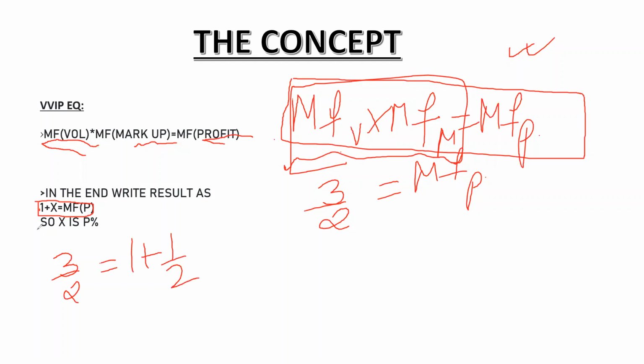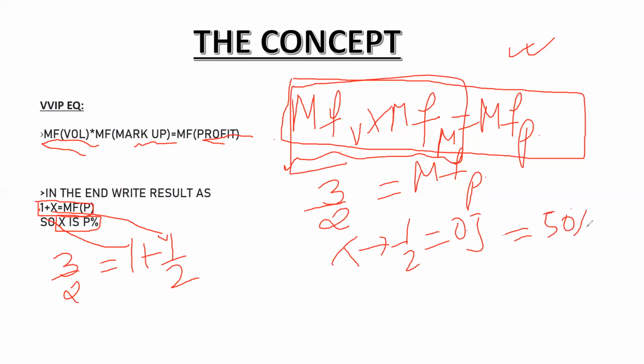So you wrote this in the form 1 plus x, and this is the x part. This x part denotes the profit percentage. So the x part here is 0.5, and in percentages it will be 50%. So the profit percent in this case will be 50%.